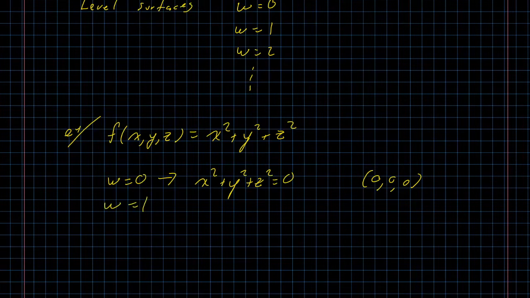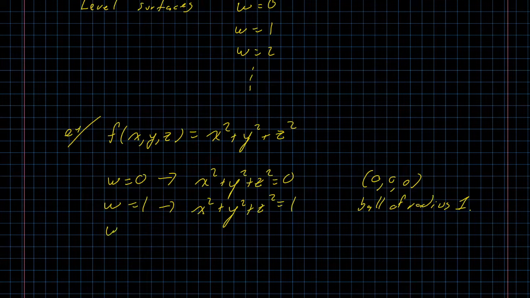When w is equal to 1, we get the equation x squared plus y squared plus z squared equals 1, which is the sphere or ball of radius 1. When w is equal to 2, we get the ball of radius square root of 2, and so on out that way. So you can look at this, you can graph these, and try to figure out what's going on with the shape that way.